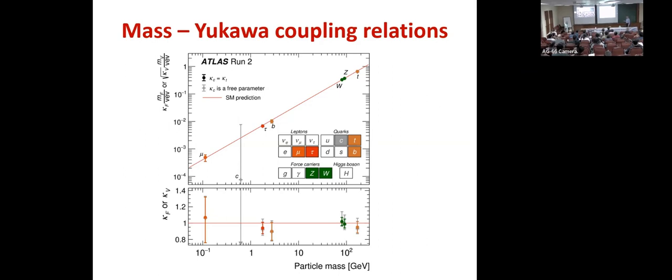We have not yet observed conclusively decays of Higgs to charm. Remember, when you go to lighter and lighter fermions, the coupling decreases, and the decay rate becomes the square of the coupling. So as you go from here to here, it becomes harder and harder to produce these particles.